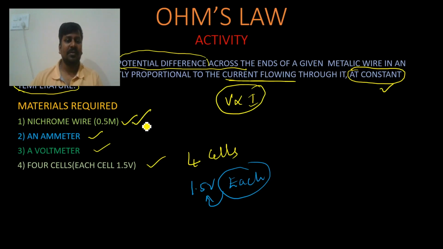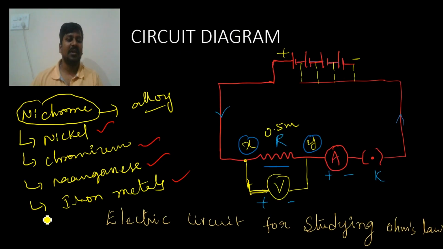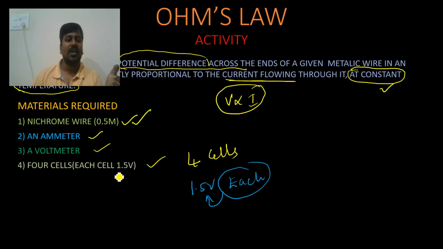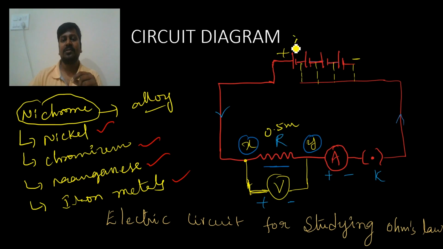So here XY is nichrome wire of length 0.5 meters, and 4 cells we took. What is each cell's potential difference? 1.5 volts. So I took 4 cells: 1, 2, 3 and 4.